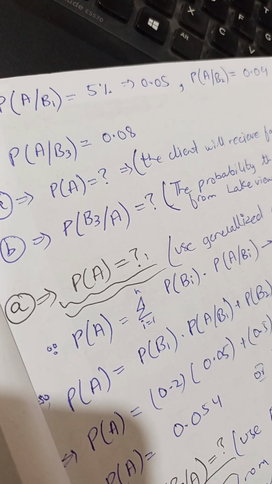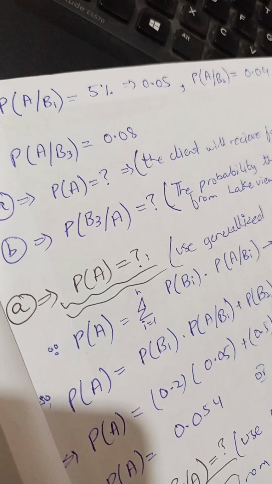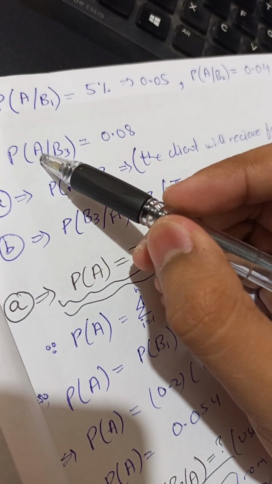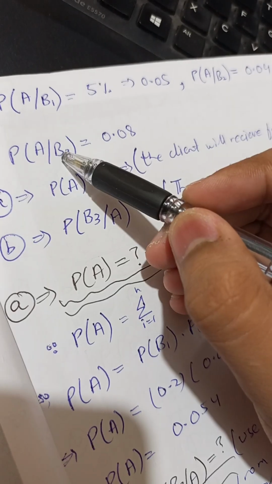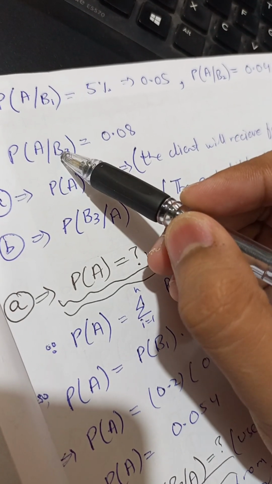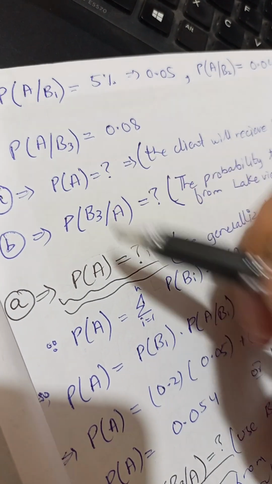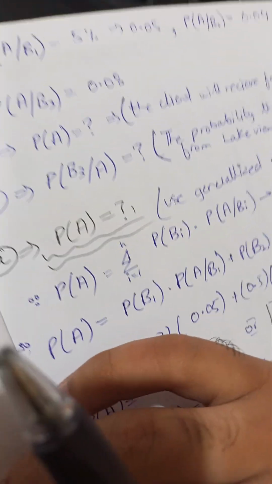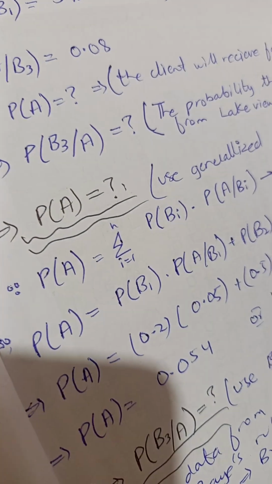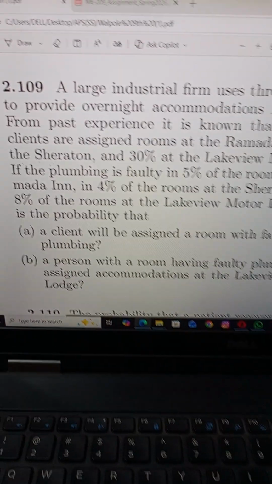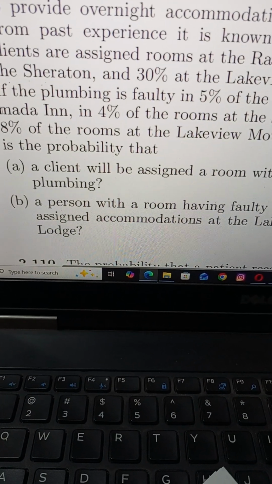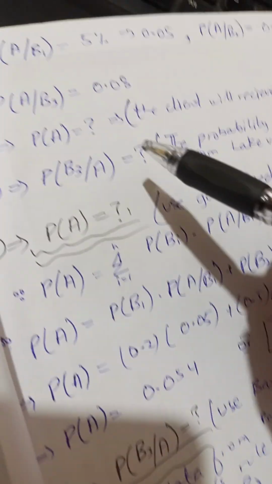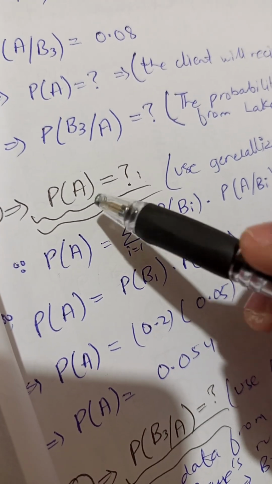So the unknown is plumbing fault given the Lakeview Motor Lodge rooms, A given B3. Now in the first part, they are asking what is the probability that a client will be assigned a room with faulty plumbing. So basically they are asking for the probability A.